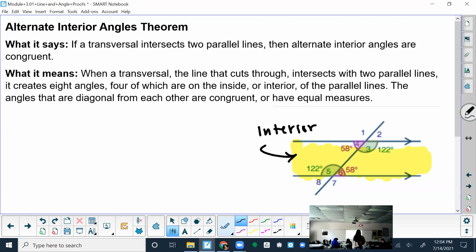This theorem says that if a transversal intersects two parallel lines, alternate interior angles are congruent. Just like this morning in GO2, we talked about this when we did the trig functions. We know what those measurements are if they're missing, because the alternate interior angles will be the same.